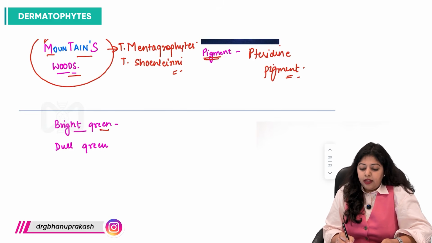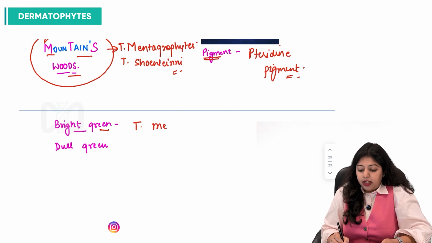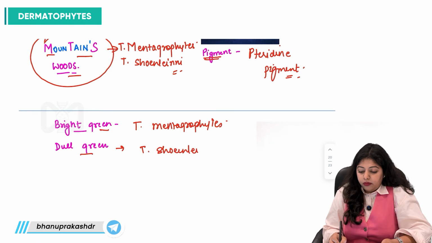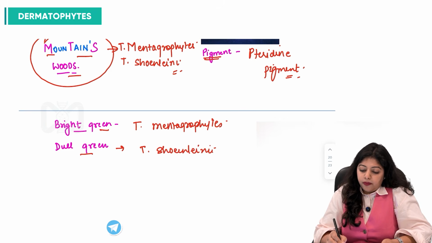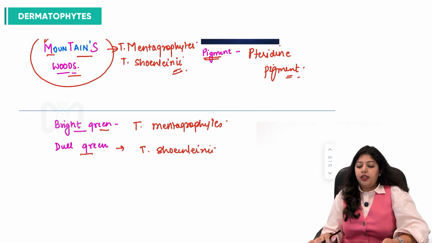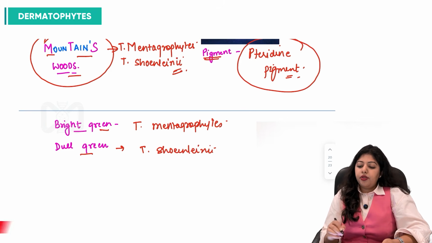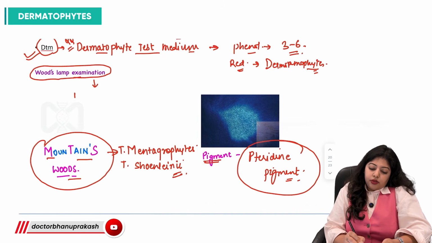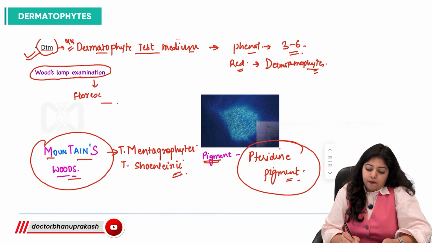Bright green would be given by Trichophyton mentagrophytes, whereas dull green fluorescence would be given by Trichophyton schoenleinii. Right? And the fluorescence is because of the pteridine pigment. So we detect fluorescence in dermatophytes.